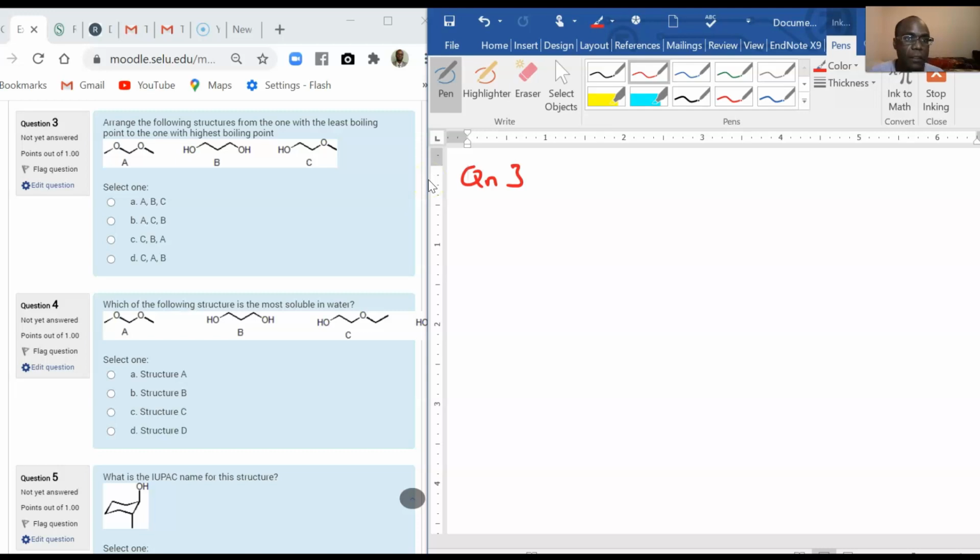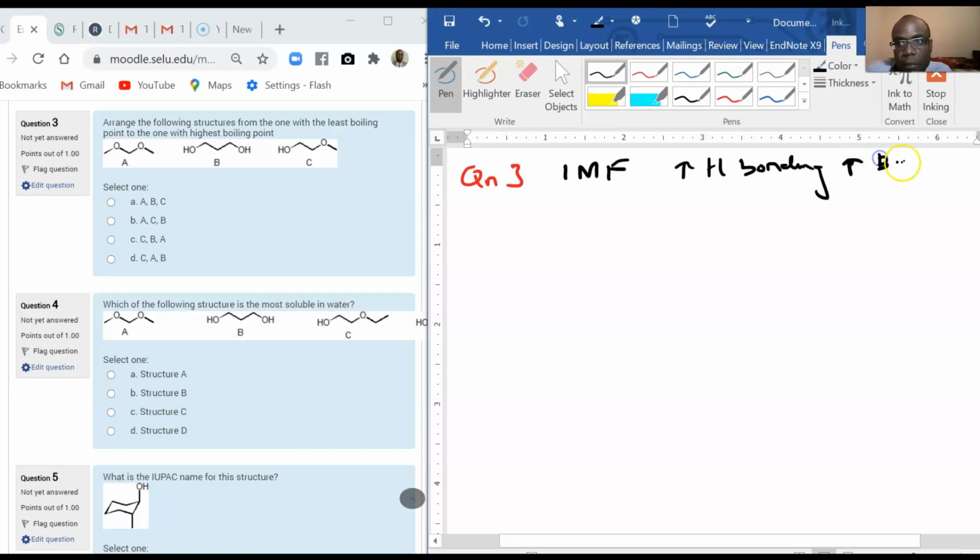Arrange the following structures from the one with the least boiling point to the one with higher boiling point. So here you're looking at intermolecular forces. The more hydrogen bonding you get, the higher the boiling point, because hydrogen bonding is stronger than dipole-dipole. For the first one, I don't see any hydrogen bonded directly to an oxygen.